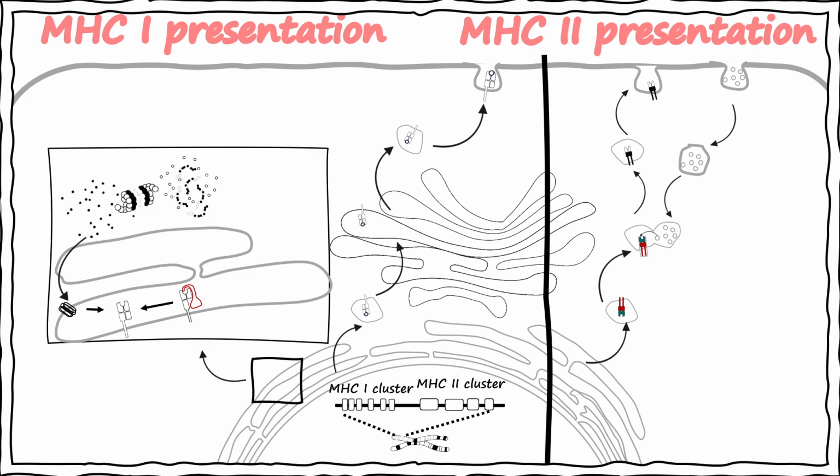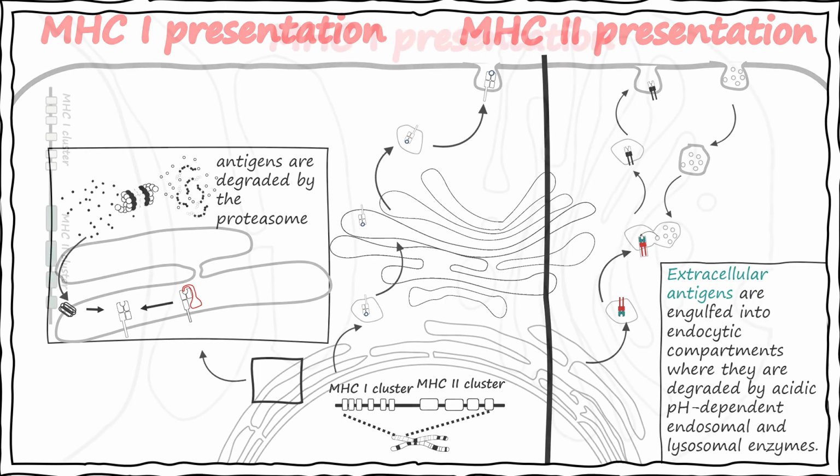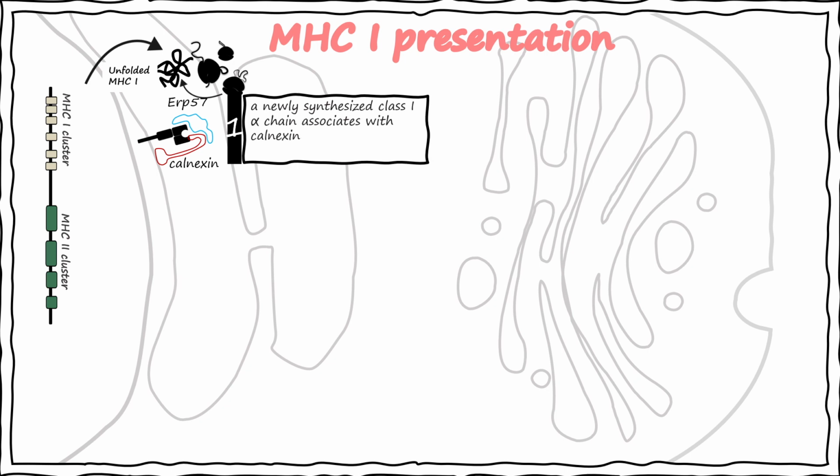Now let us look at the nitty-gritty details and try to appreciate the process. So we have to understand endogenous antigens are presented by MHC1, exogenous antigens are presented by MHC2. Now again we are looking at MHC1 presentation. From the MHC cluster there would be proteins which would be translated by the ribosomes present on the rough endoplasmic reticulum. They would enter the rough endoplasmic reticulum and would be folded with the help of chaperones like calnexin and ERP57.